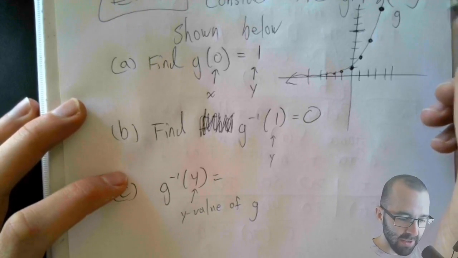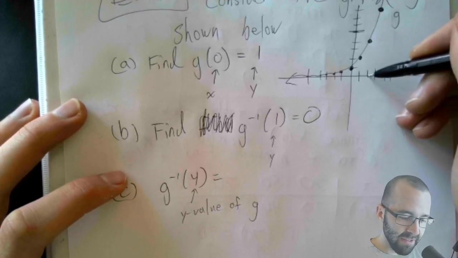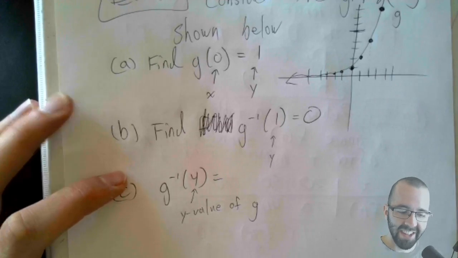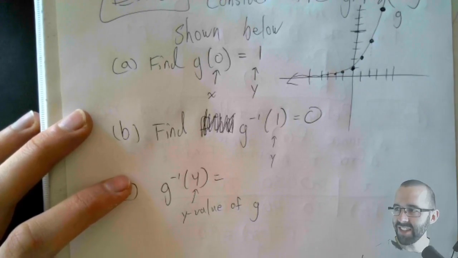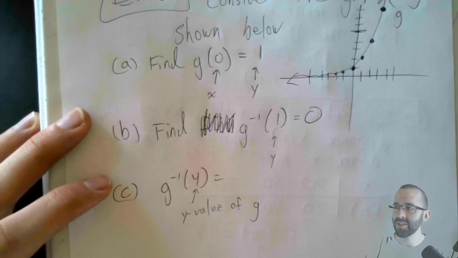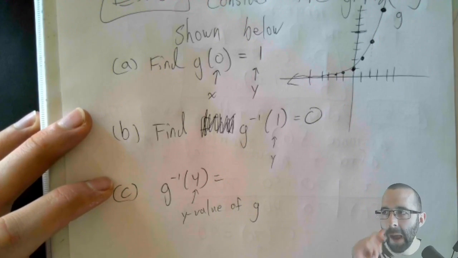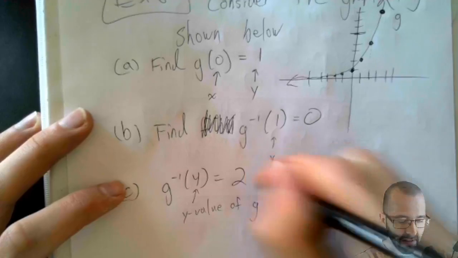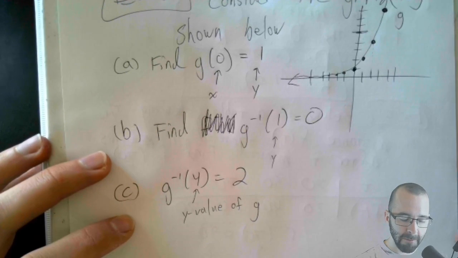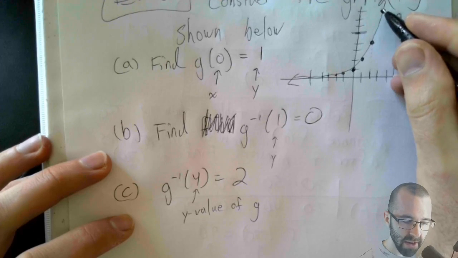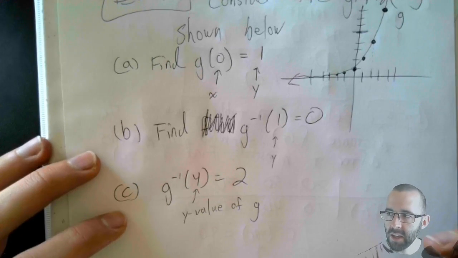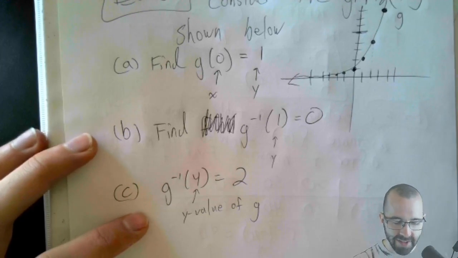Two or three, and it really depends on how well I drew my graph. It's supposed to be 2. When the y value is 4, the x value is 2. Because when the x value is 3, the y value is like 8. But yeah, it's easier to tell when I draw good graphs.